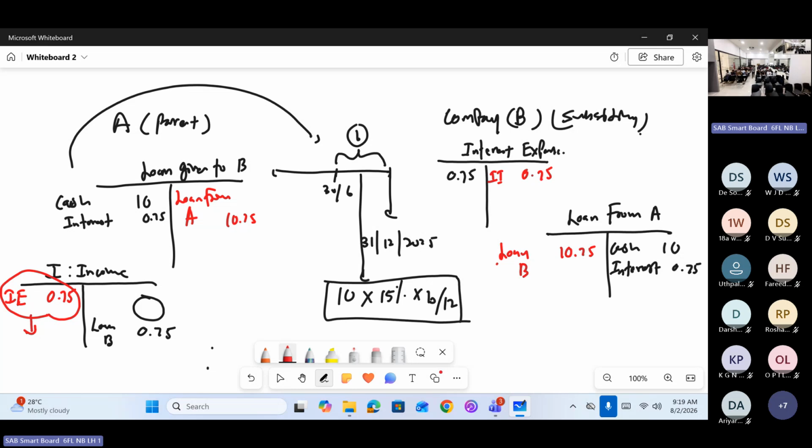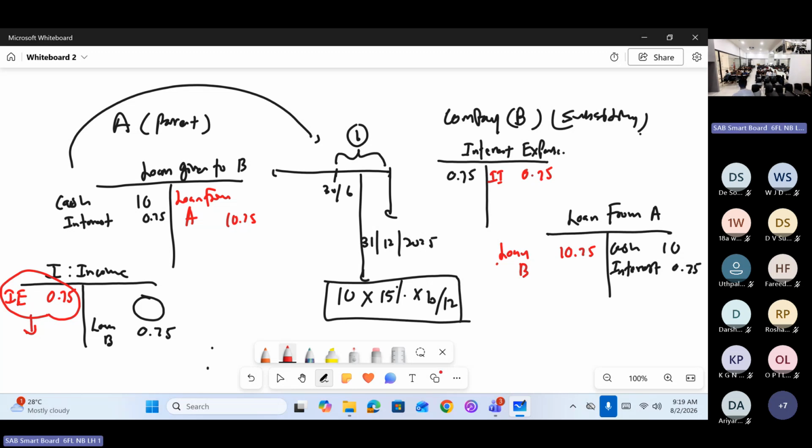You should adjust all the impact to P and L through consolidated earnings. In other words, interest income account debit, in other words, consolidated earnings debit. Here, interest expense credit, in other words, subsidiary retained earnings credit.